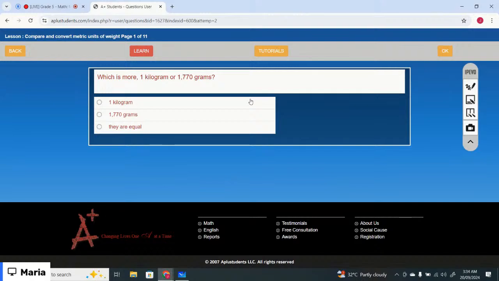So, 1 kilogram is more or 1770 grams is more? Which is the correct option?